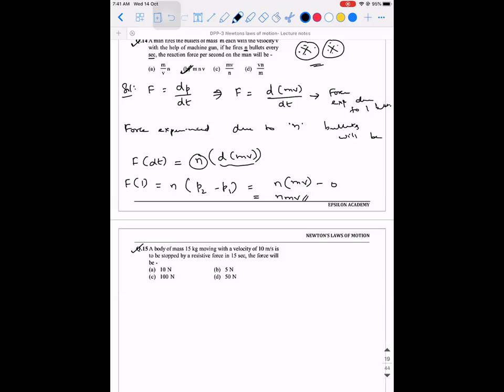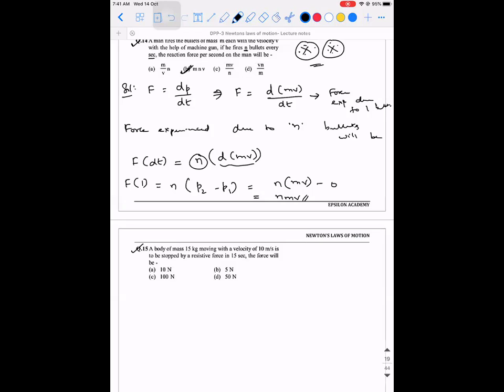Combination of this chapter and kinematics. Sir, is it 10 Newton? Yes, that's right.